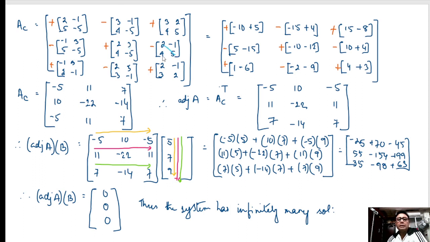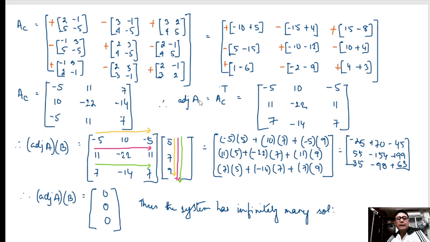This will be 10 and this is minus 4, so it will become plus 4. This is 1 and this is 6, so 1 minus 6. This will be minus 2 and this is plus 9, so minus 2 minus 9 it will become. This will be 4 and this is minus 3, so it will become 4 plus 3. So then the values become this.